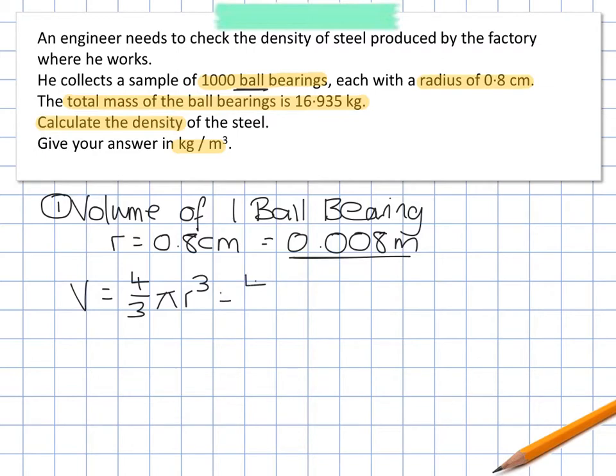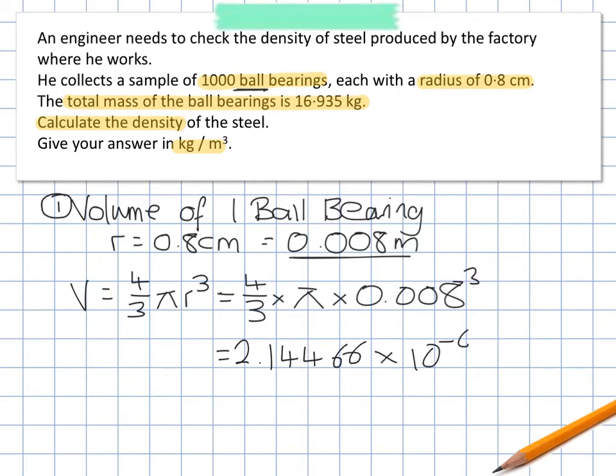So it's going to be 4/3 times pi times 0.008 cubed. And that comes out at 2.14466 times 10 to the minus 6. Again, I've left it to many decimal places because that's not my final answer. And we put in metres into that formula, so our answer is going to be in metres cubed.